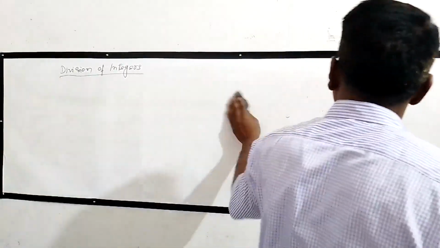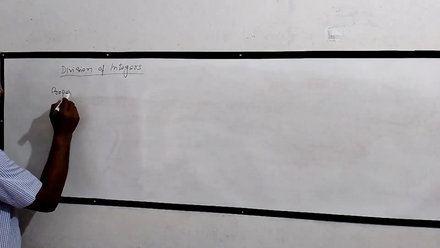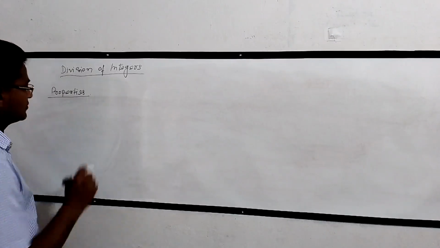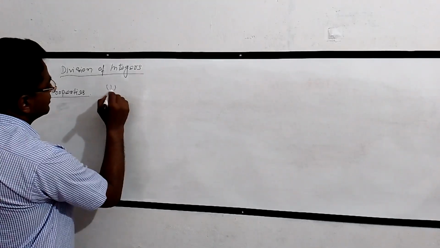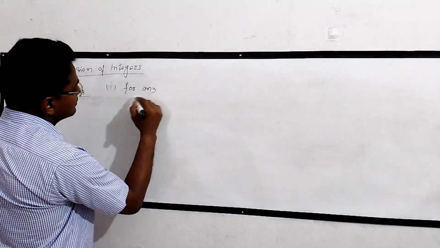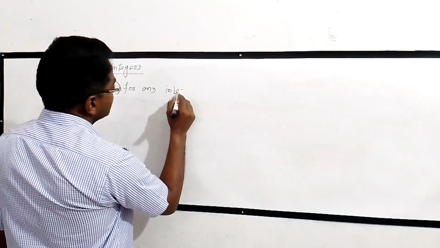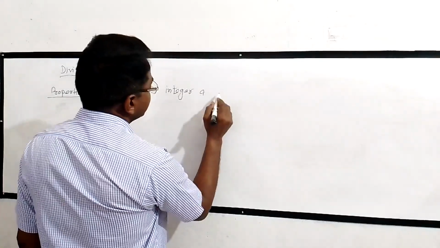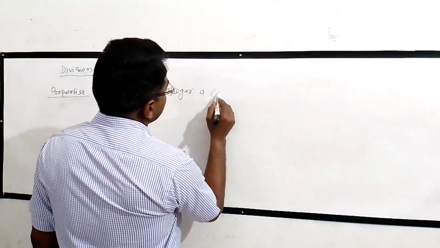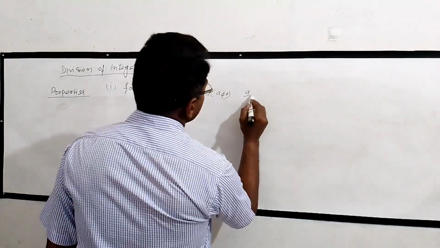Properties of division of integers. Property 1: for any integer a, a not equal to 0, a by a is equal to 1.